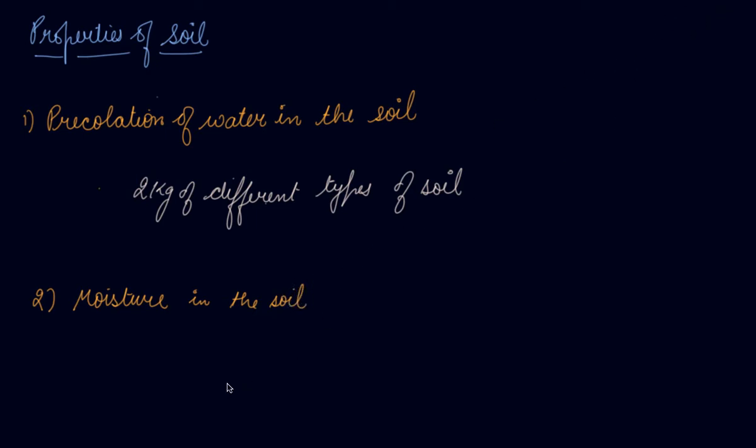Now, what you can do, go to your chemistry lab or the science lab and do this experiment with the help of your teacher. Take a boiling tube and fill it about 1/4 with the soil sample.